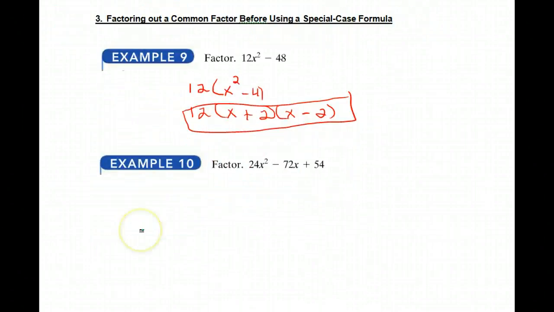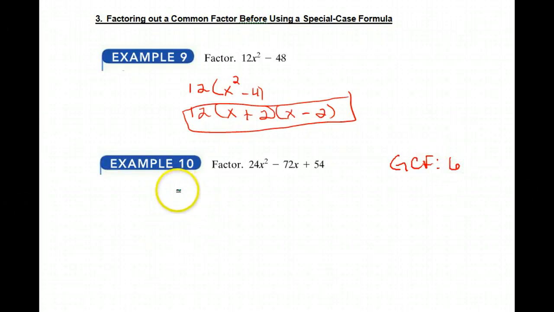I would like for you to go ahead and try example 10. Start by factoring out that GCF and see what you come up with. At this point, you should have identified that the GCF of that expression was 6.